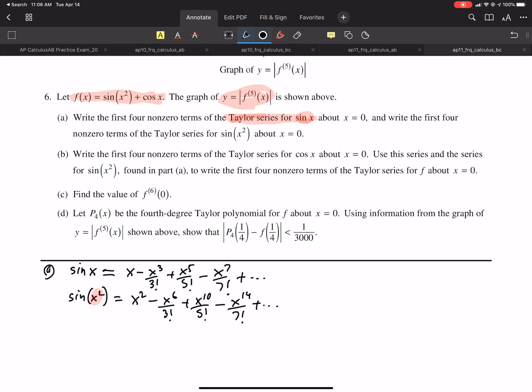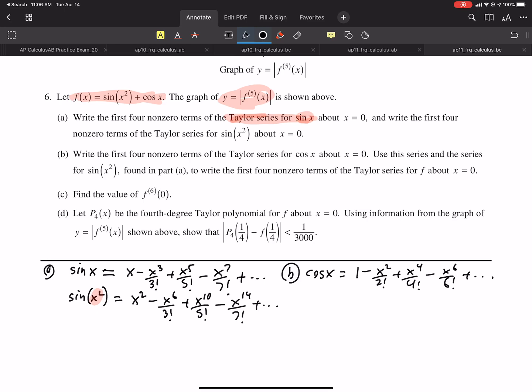So part B, they want the cosine series. And that's going to be 1. I'll just do this one more term. That should be a minus. Then they want to combine.